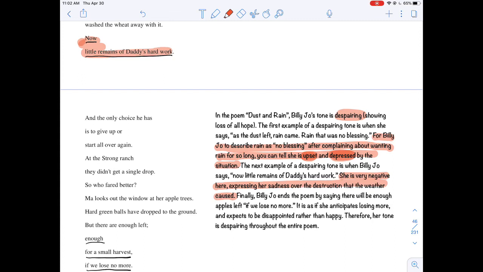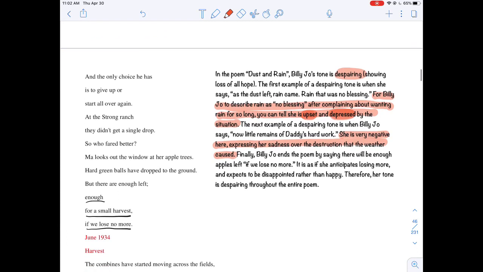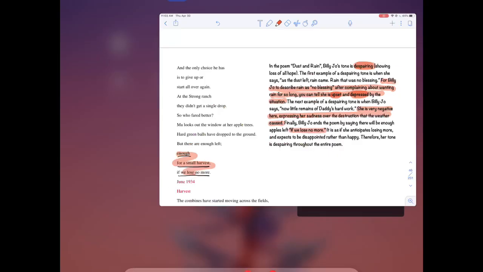Finally, Billy Joe ends the poem by saying there will be enough apples left if we lose no more. It's as if she anticipates losing more and expects to be disappointed rather than happy. That points to my despairing tone, my claim. Therefore, her tone is despairing throughout the entire poem. So I just wrap it up there with a concluding sentence.